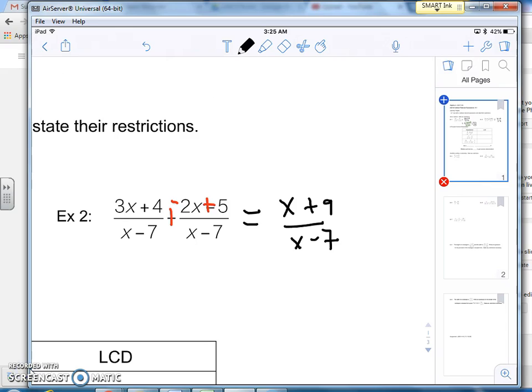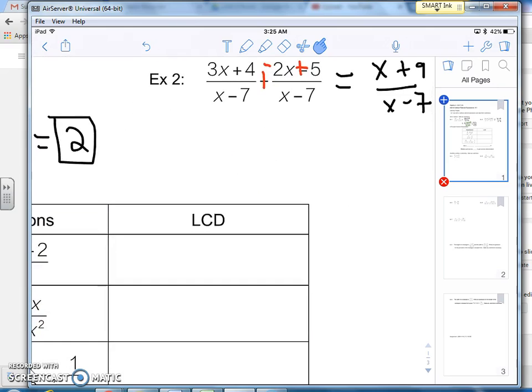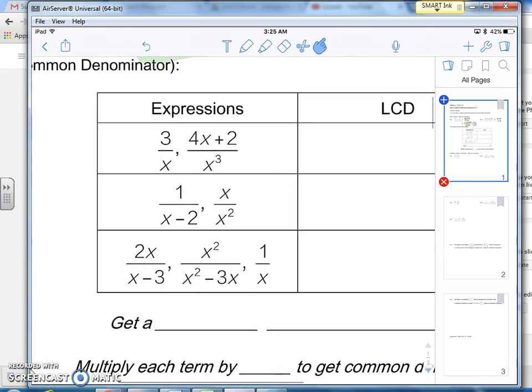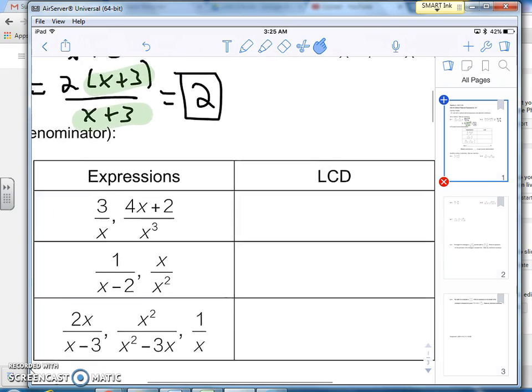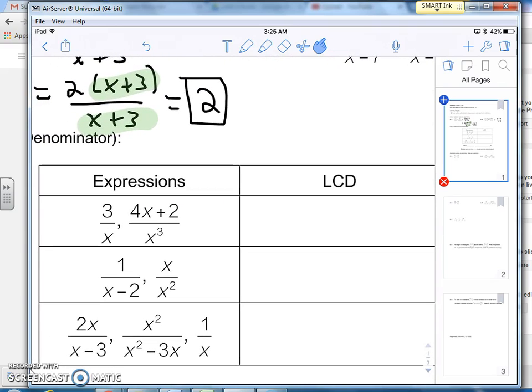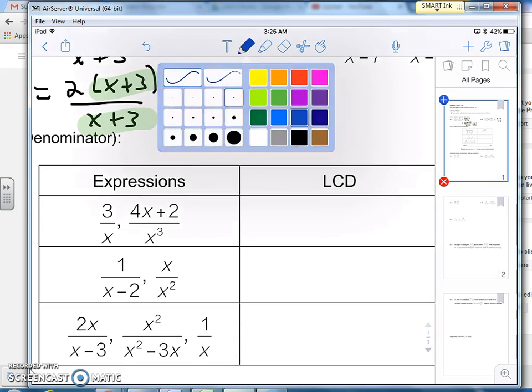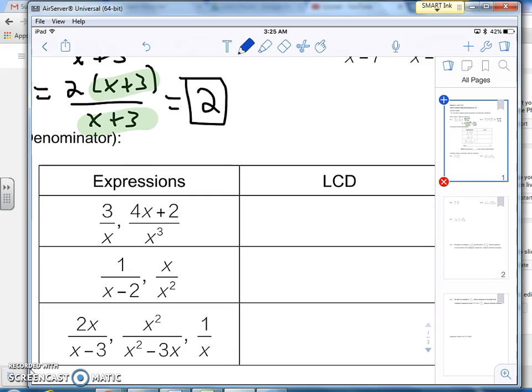Alright, so those are fairly straightforward examples. These become more difficult when we have different denominators and we need to find the LCD. The LCD of a rational expression, I like to think of it as the unique factors of the denominator with their highest exponents.